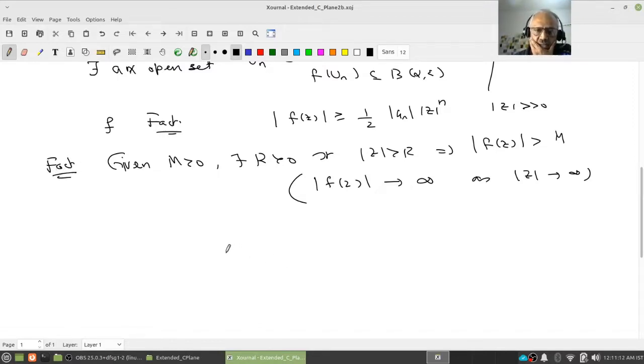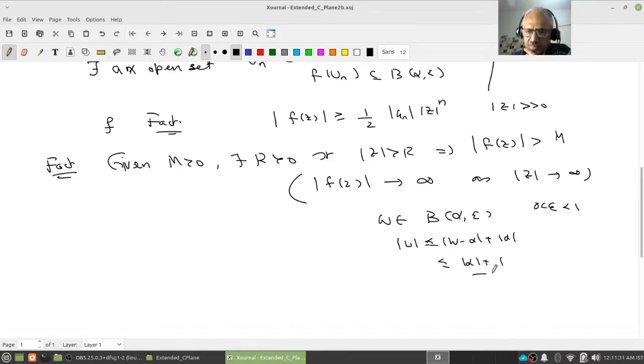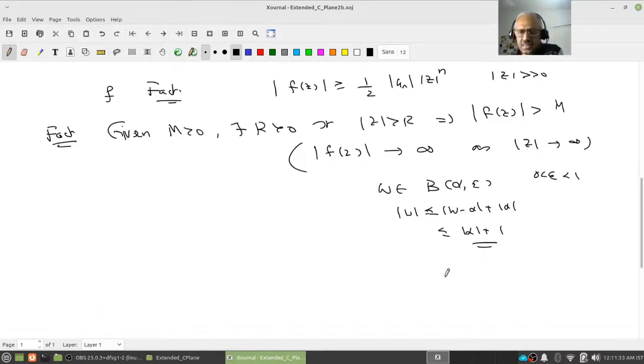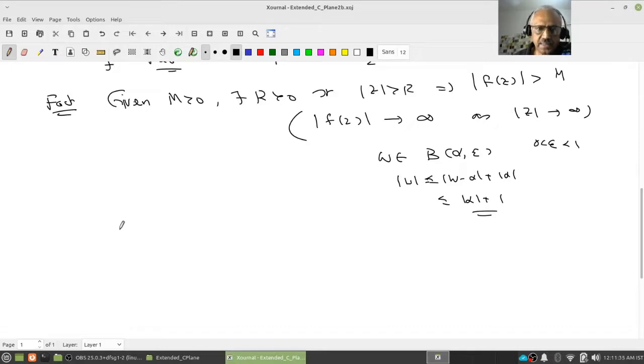Now see, if I start with any w in B(alpha, epsilon), I can as well assume epsilon is between 0 and 1. Therefore mod w is at most mod w minus alpha plus mod alpha, therefore less than or equal to mod alpha plus 1. Now let us take M equal to 1 plus mod alpha.